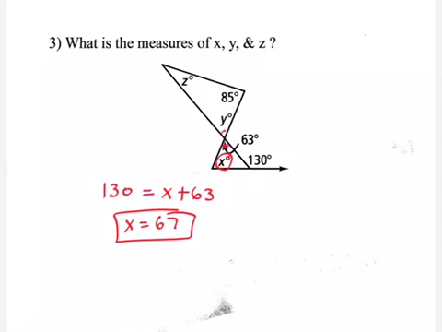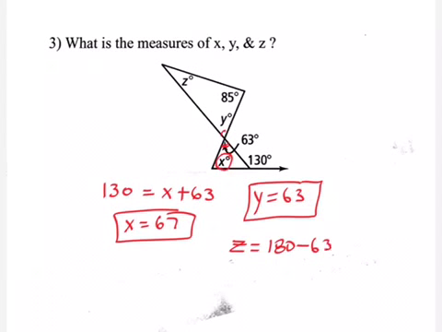Y and this angle here are vertical, so that means y is automatically 63 because they're congruent. And then to find z, we know that a triangle adds up to 180. So we'll take 180 minus 63 minus 85. And in this case, z should equal 32.